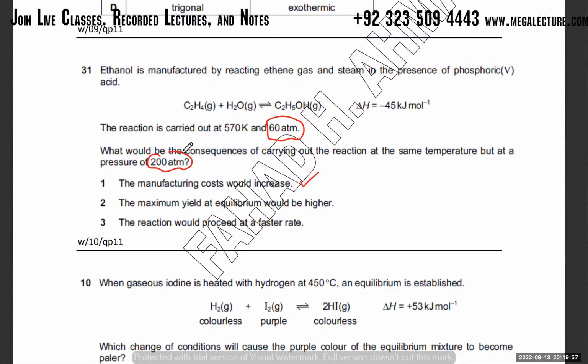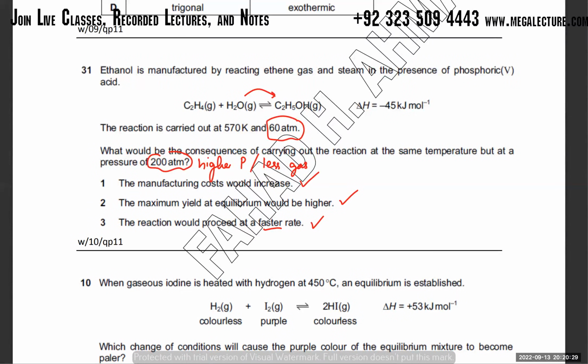Higher pressure means less gas, right? Less gas forward, right? So yield will increase. There's going to be more ethanol. And will the reaction be faster at a higher pressure? Yes sir, faster with a higher pressure.